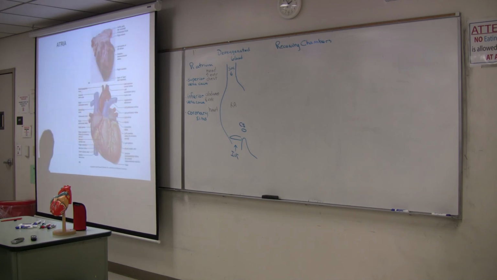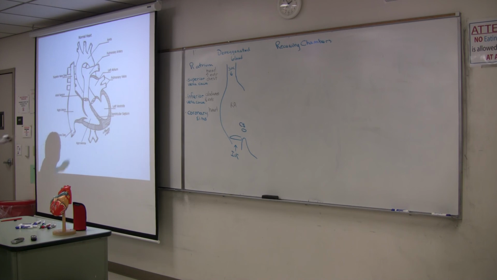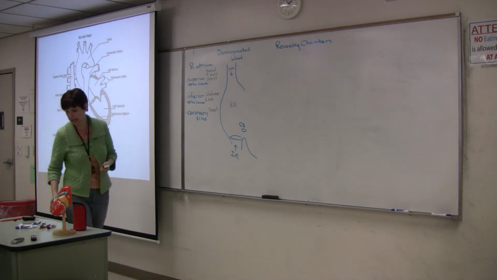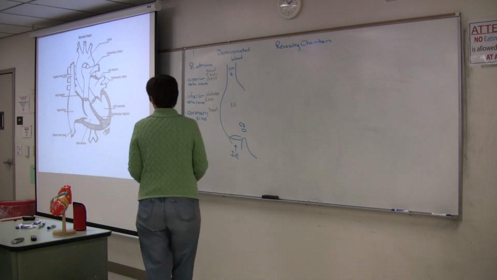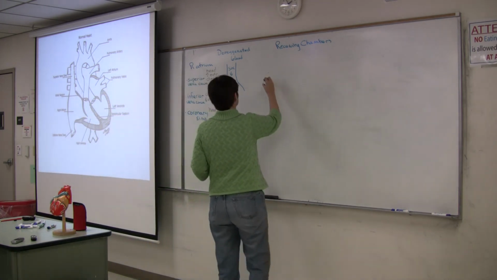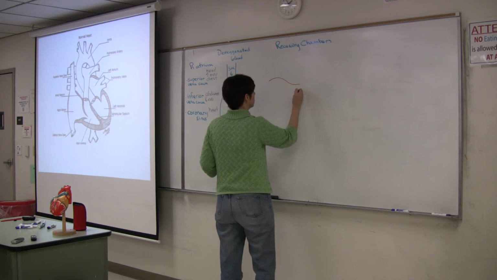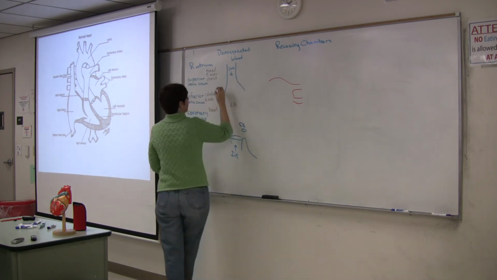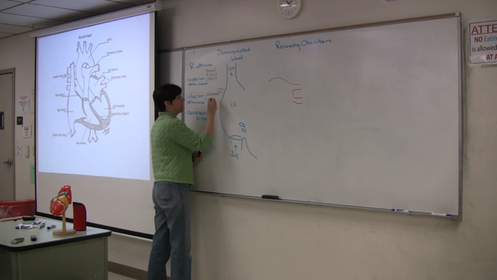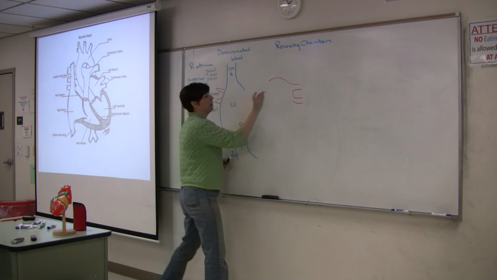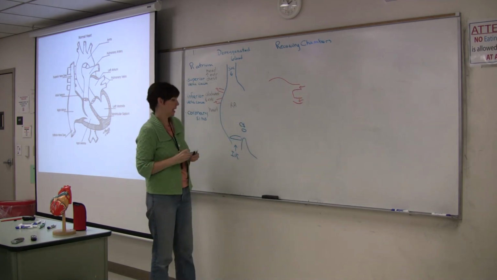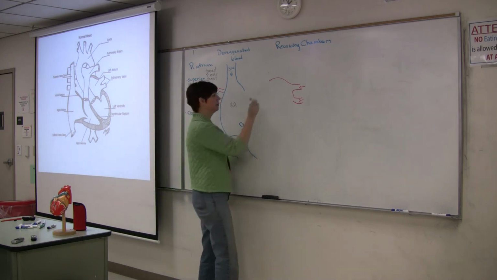So if we go back to this diagram, this is showing the left atrium here. So I'll draw that in red. And then the right pulmonary veins would be here. So the arrow is showing blood flow returning to the left atrium.